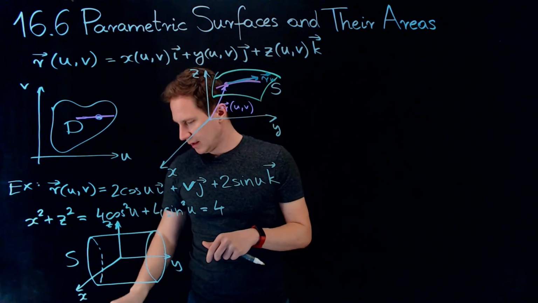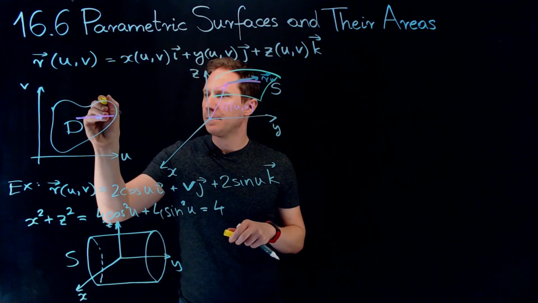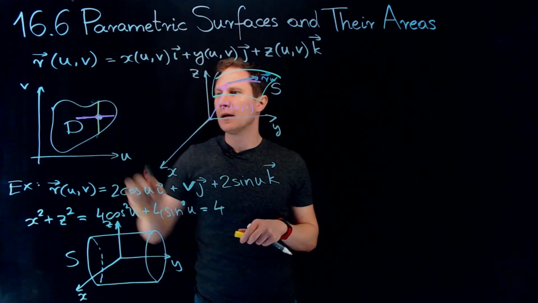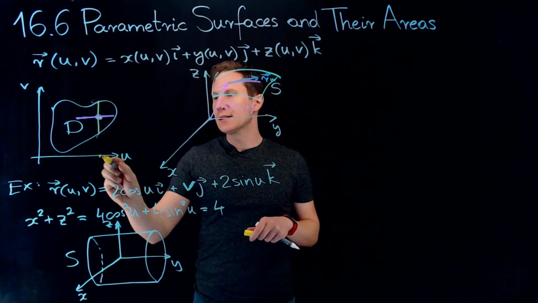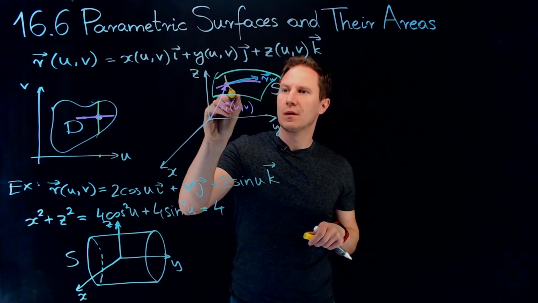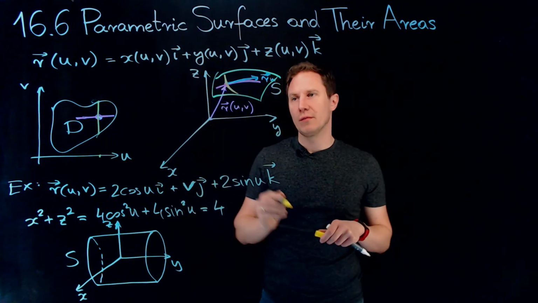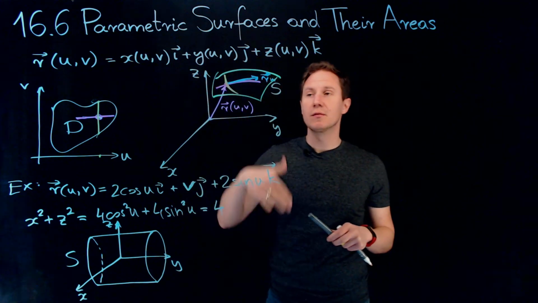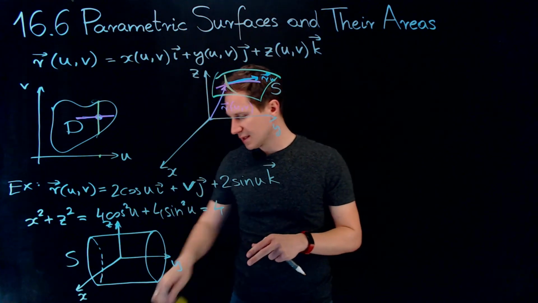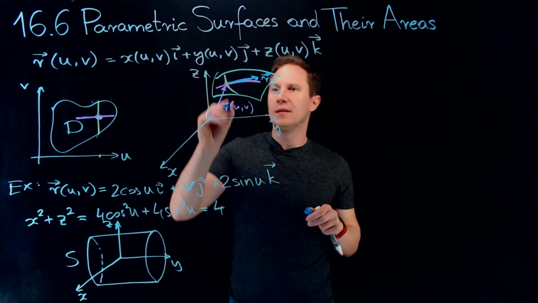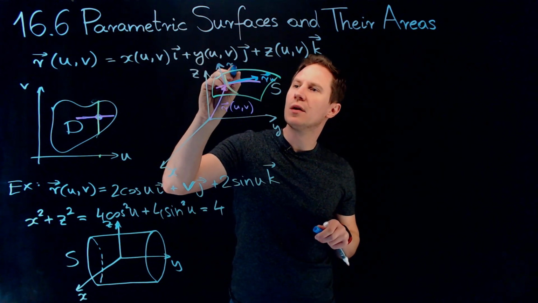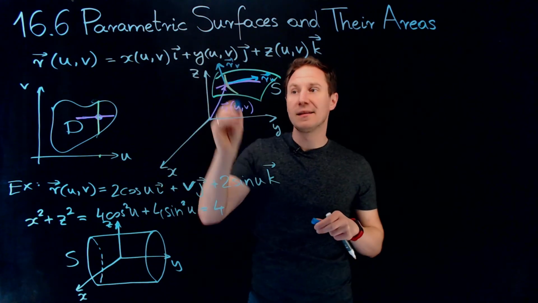Similarly, if you decide to move in the v direction within that domain and keep your u value fixed, then you will get some other curve on the surface where u is fixed and v is changing. Then r(u, v) will trace out another curve on the surface, for which the derivative of r with respect to v gives you another tangent vector at that point.